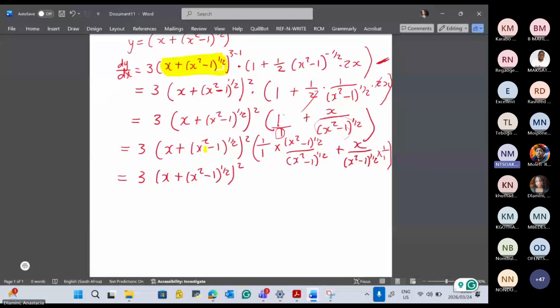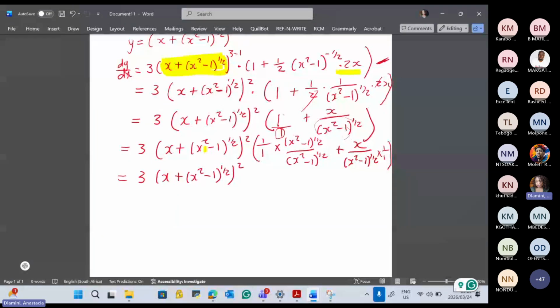It's 1/2 into (x squared minus 1) bracket, to the power of 1/2 minus 1, right? We are going to be left with minus 1/2. That is the second inner function. And then we get the inner function of x squared minus 1, which is going to be 2x minus 0. So right now, my challenge is that you did the bracket on the outside, whereas it's going to exclude the 2x that is going to multiply also 1.